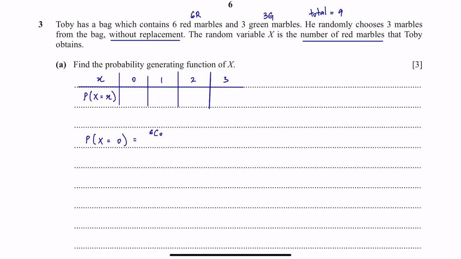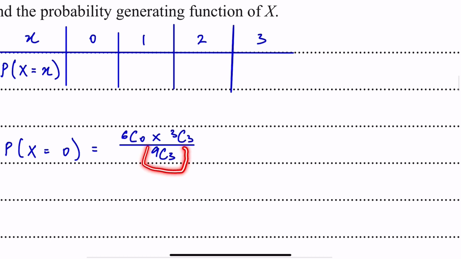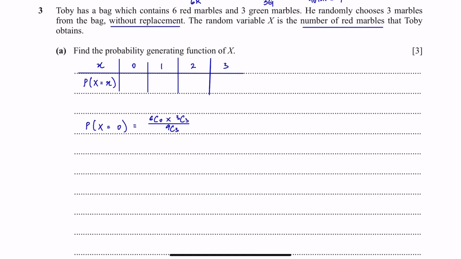So 6c0 times 3c3 over 9c3. 9c3 is the total combinations that he can have, and 6c0 is because he has no red marbles, and 3c3 would be picking all 3 green marbles possible. So this would give us 1 over 84.